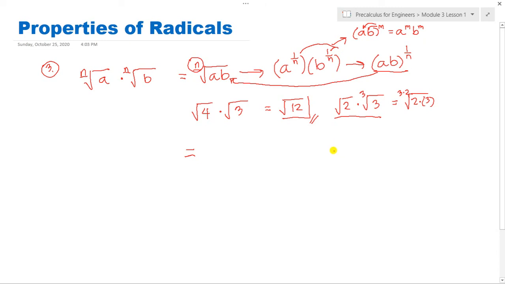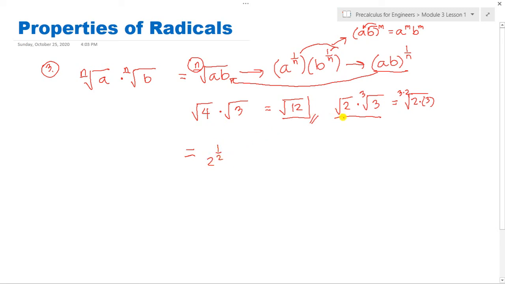So, paano yan? So, we can apply, class, we can apply the least common denominator na method dito. Kasi kapag i-convert natin to into exponential form, so we have here 2 raised to the power of 1/2.